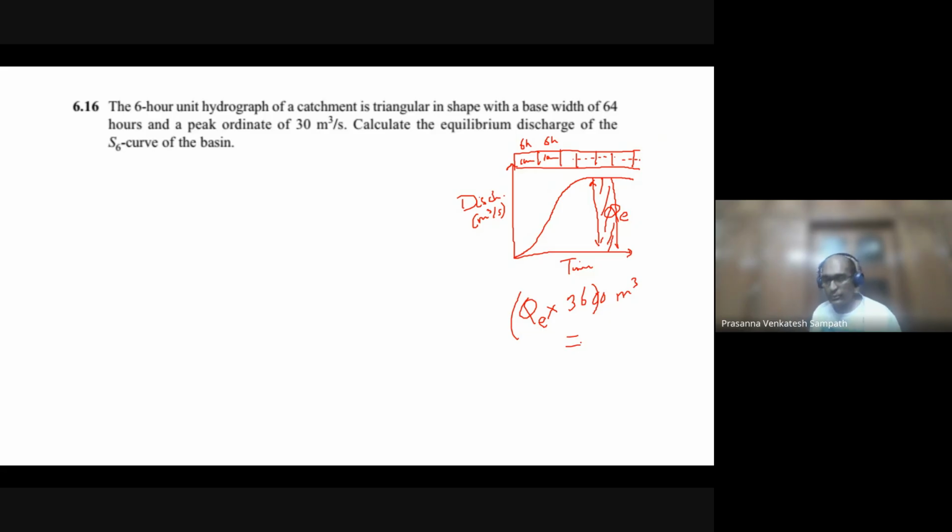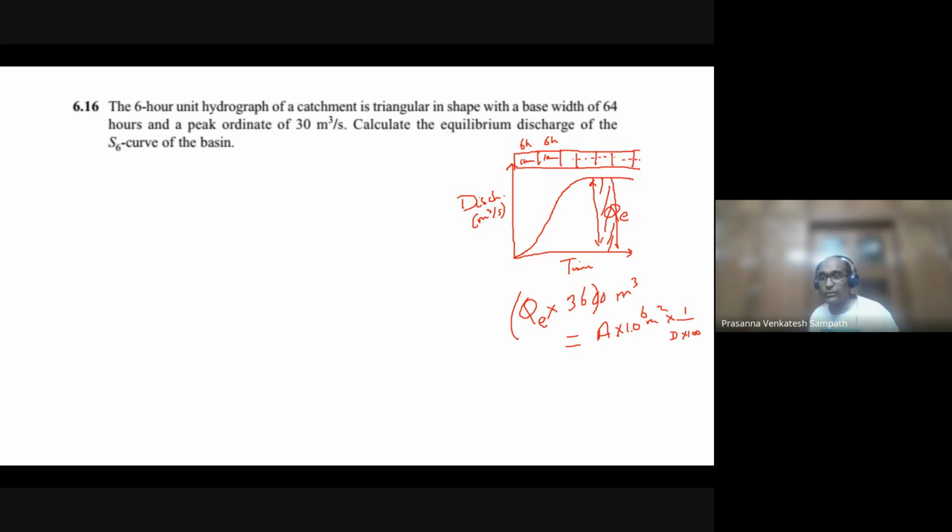Everybody agrees with me? Okay, so on the right hand side, I should have A kilometer square into 10 to the power 6 meter square into 1 by d centimeter. So that will be 1 by d into 100 to get it in meters.